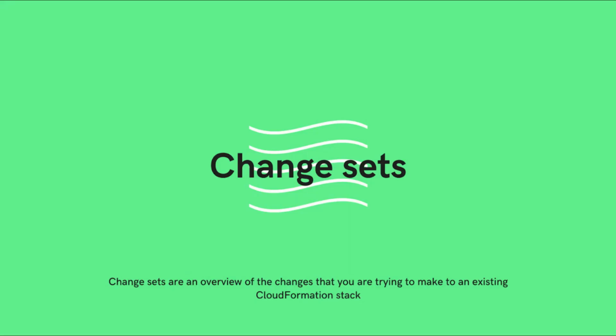Now there comes a very important part of the CloudFormation service: change sets. Basically, when you have deployed an architecture and now you want to make changes to it, change sets come into the picture. They include an overview of the changes that you intend to make, thereby helping you check how the proposed changes could potentially affect the already running resources.